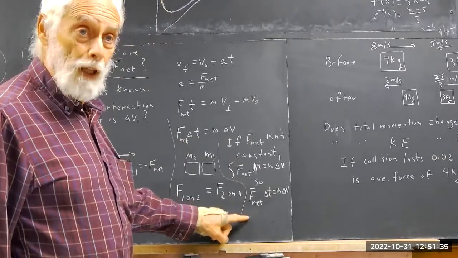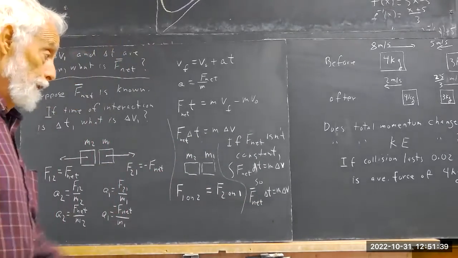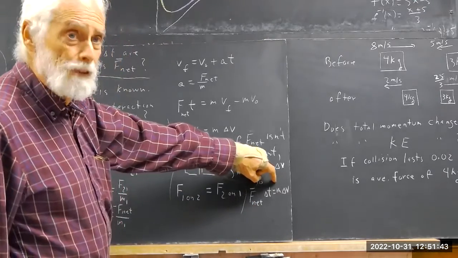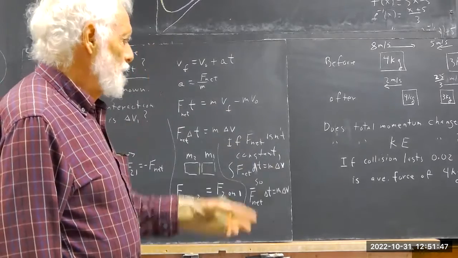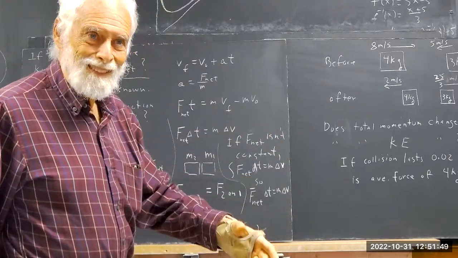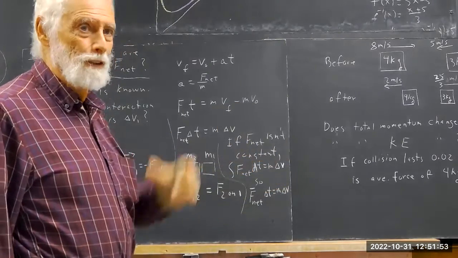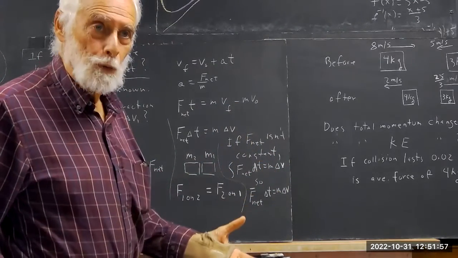In general, the average net force times delta T equals your M delta V. And this is even assuming that M is constant. M doesn't necessarily have to be constant. And then it would be the change in MV, which is M times a change in V plus V times a change in M. Product rule.